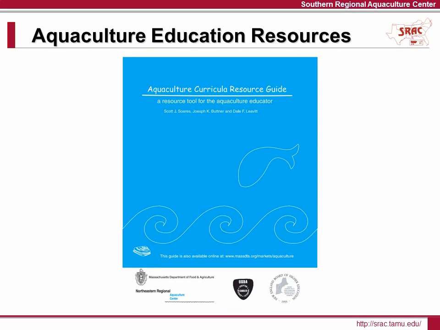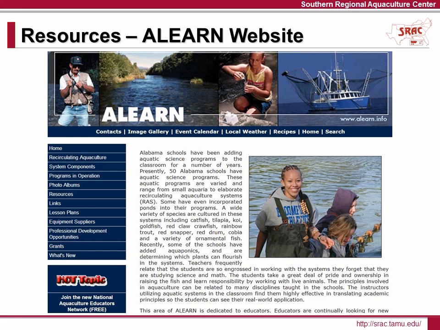Several years ago, the Northeast Regional Center for Aquaculture put together a publication that evaluated different aquaculture curricula. And while this publication is somewhat dated, many of the curricula still exist, and now there are many more resources. One of the most popular aquaculture websites is Auburn University's ALearn site that contains over 1,500 pages of information on aquaculture, education, recreational fishing, and natural resources.